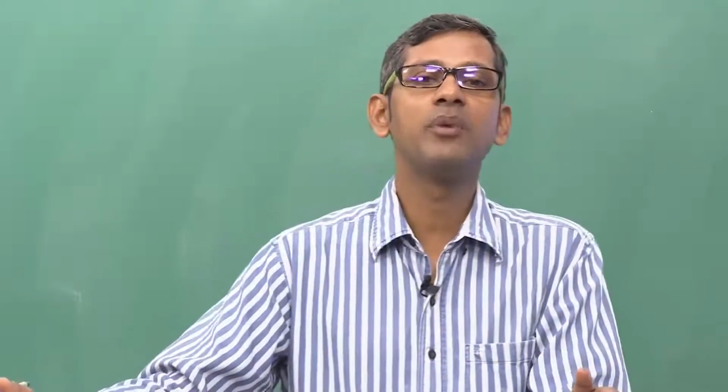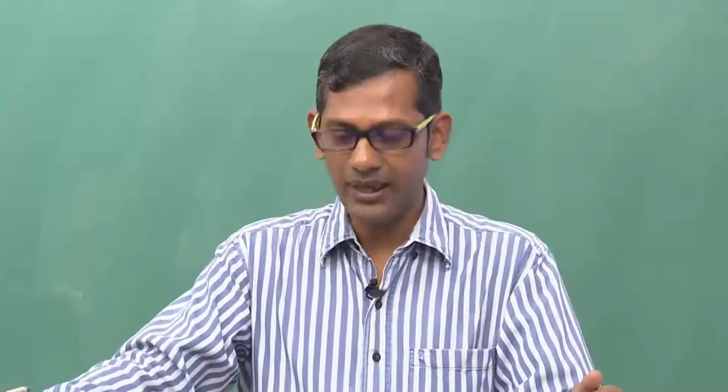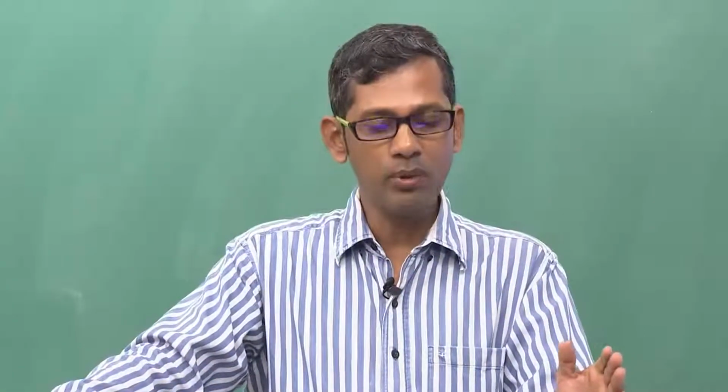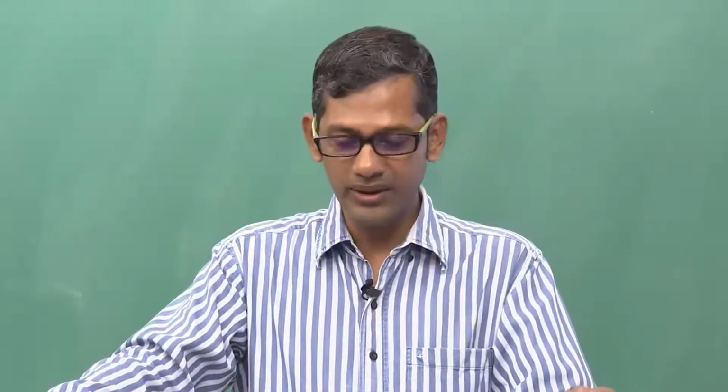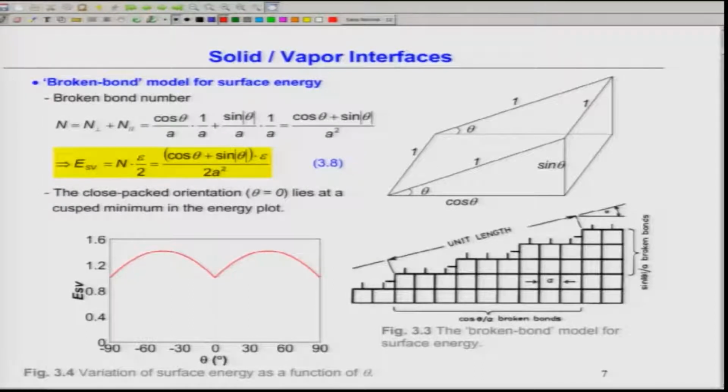Let us suppose the surface is bounded by an odd plane or an irrational plane. How do you deal with it? In such a case the broken bond model will still be applied, but we have to consider it differently. We have to consider the interface like this, which is shown here, which makes an angle theta. Or better, let us consider the bottom picture of the broken bond model.